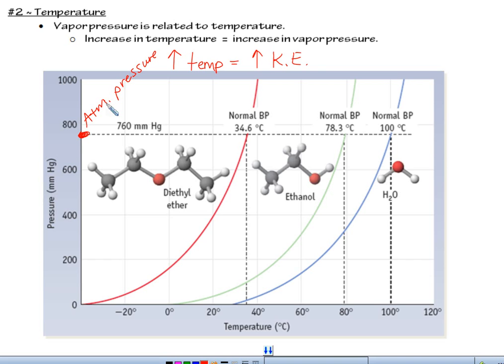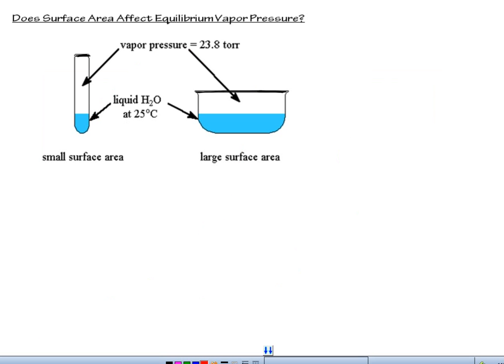So check out one other option. What about surface area? Here's something that tricks people. Sometimes they'll think, well, if you have a larger surface area, you should have more pressure. If you have a larger surface area, you can have more particles entering the gas phase.